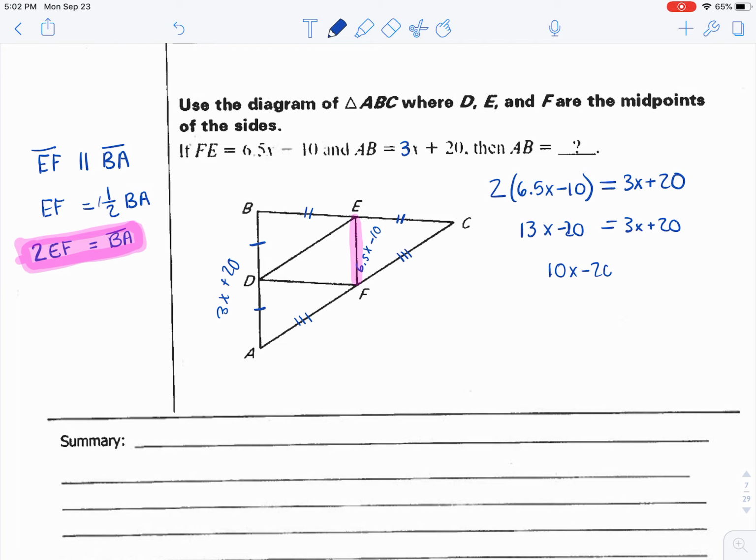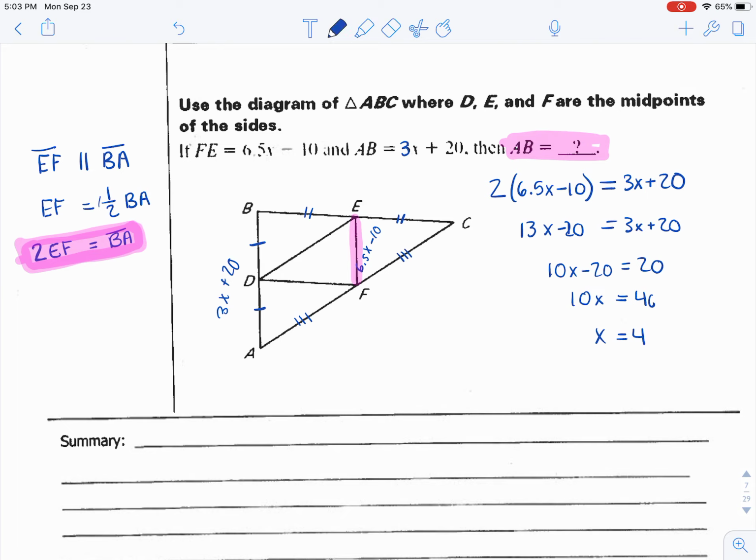10x minus 20 equals 20. 10x equals 40. And x equals 4. Now we found x, and that's all handy dandy, but does our problem ask us to find x? No, it does not. It asks us to find AB.